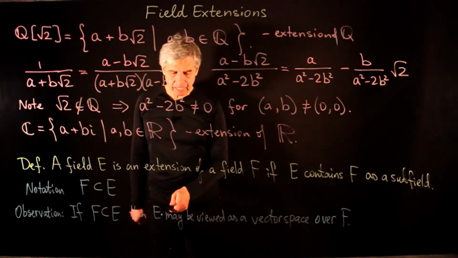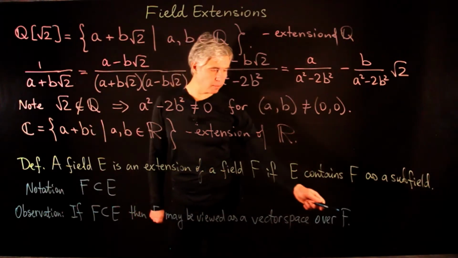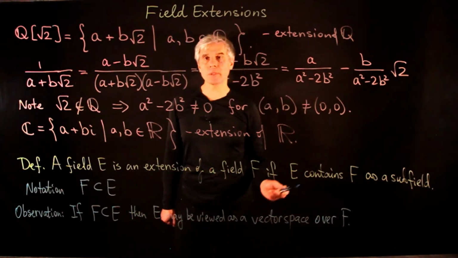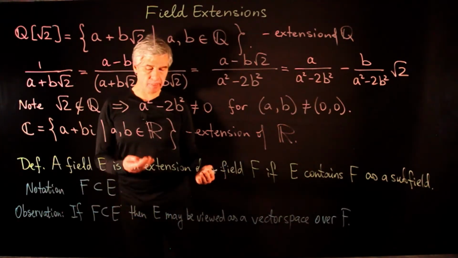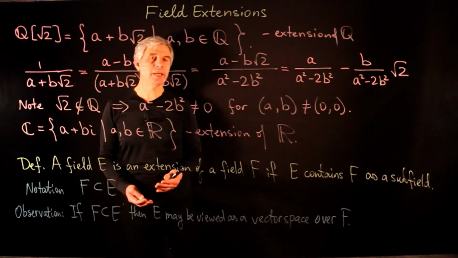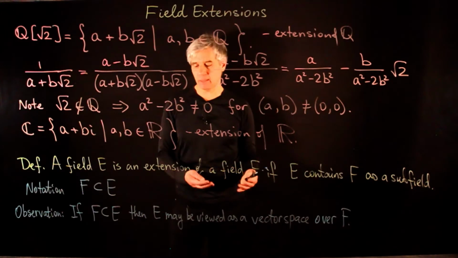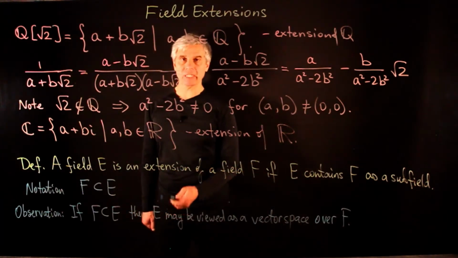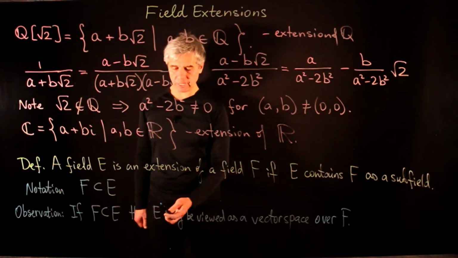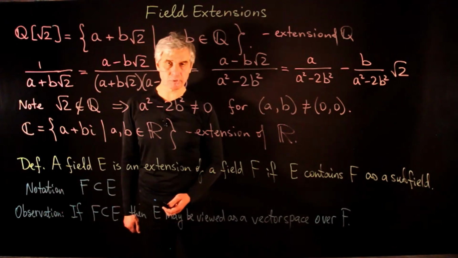The fact that E is a vector space over its subfield F follows trivially from the axioms. So we compare the axioms of the field and the axioms of the vector space, and we see that these axioms completely align. In E, we have the addition operation, so this becomes addition of vectors in this vector space.